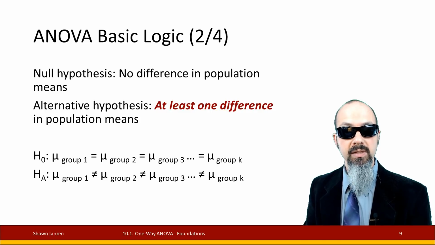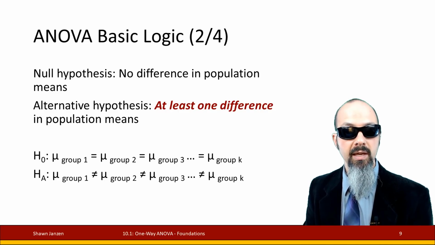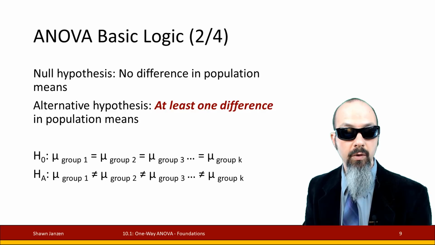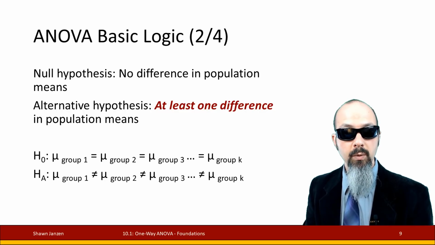And we write it out symbolically that the mu of group 1 is equal to the mu of group 2, is equal to the mu of group 3, and so on, all the way through group K, where group K is the highest or most number of groups that you have. And the alternative says essentially the same thing, but instead of making them equal, we're making them listed as not equal. Now keep in mind when you're writing this in symbol form, this is not saying that all of them are not equal to each other.